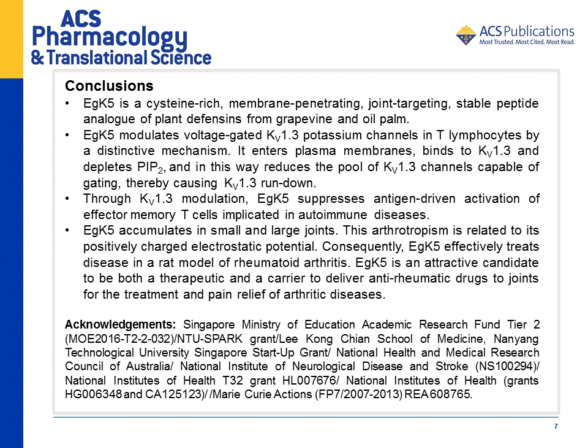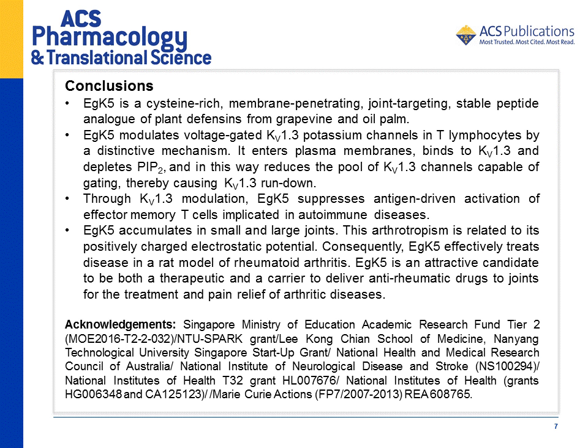In summary, EGK5 is a cysteine-rich, membrane-penetrating, joint-targeting, remarkably stable peptide analog of plant defensins from grapevine and oil palm. The peptide modulates voltage-gated Kv1.3 potassium channels in T lymphocytes by a distinctive mechanism.